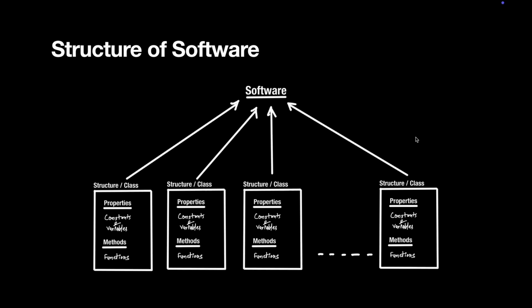So software is nothing but a collection of modules, a collection of programs that could solve a specific problem in a meaningful way. This is the basic overview of software.